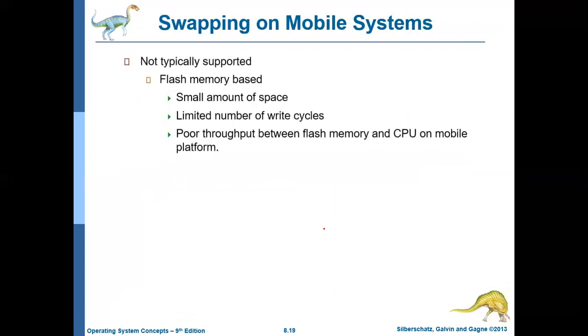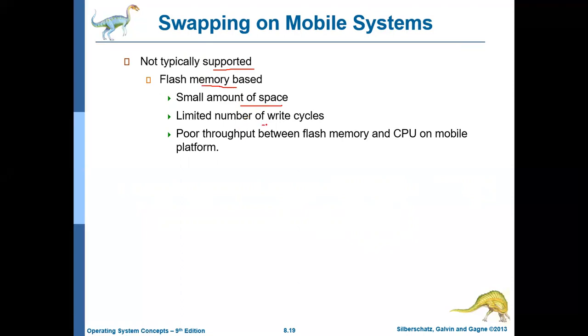How is swapping done in mobile systems? Generally, mobile systems don't support swapping. Okay, so now we are using smartphones. These smartphones don't support swapping because they use flash memory. So we don't have as much space as a computer. Okay, and there are a limited number of write cycles.